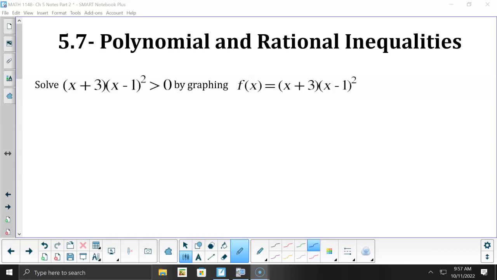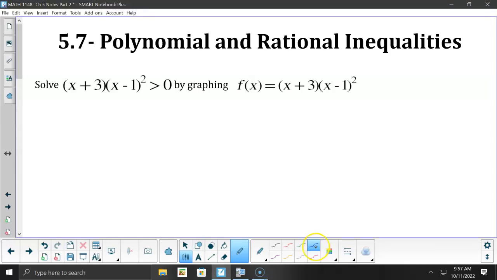Alright, so it says we need to solve this inequality, and we're going to do it by graphing the original function. However, what does it mean when I say x plus 3 times the quantity x minus 1 squared is greater than 0?